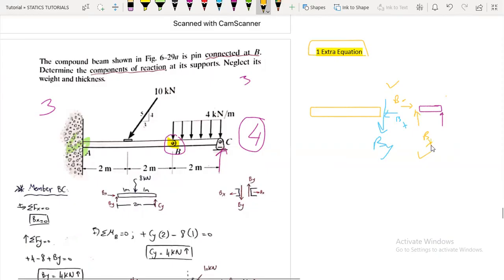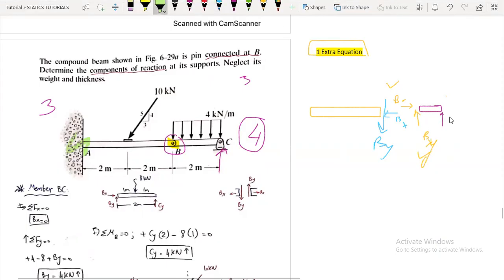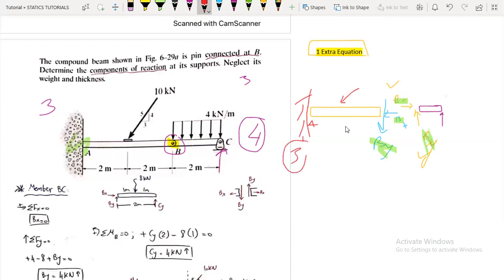So they are in opposite directions. Check here, it's By acting upwards, here it is acting downwards, okay? So after we found Bx and By, now, okay, we have this member AB, and here we have three unknowns only because we have found Bx and By, okay? And we can solve it.